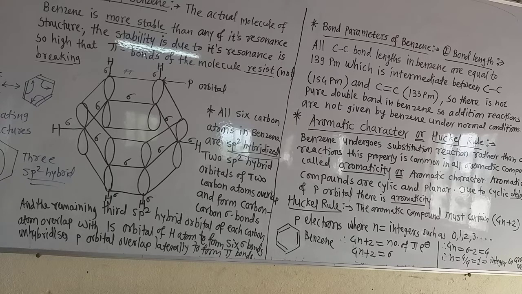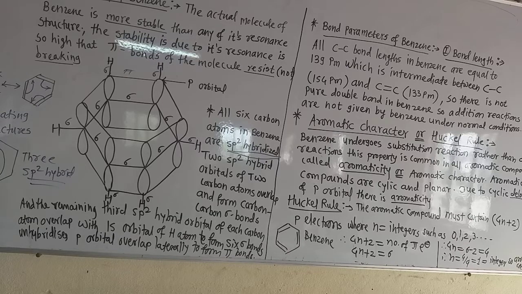Now how can we recognize an aromatic compound? What is the rule behind that? What are the aromatic characters? That is the Huckel rule, named after the scientist. He gave a rule.